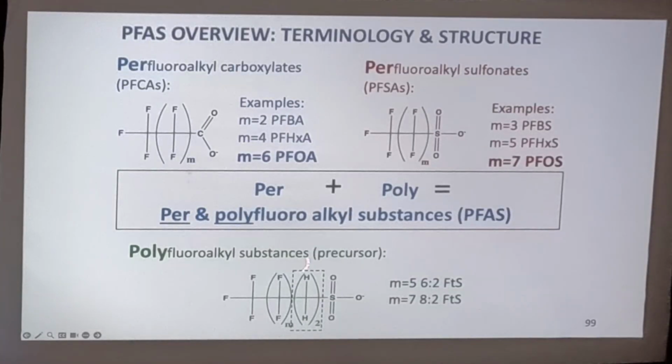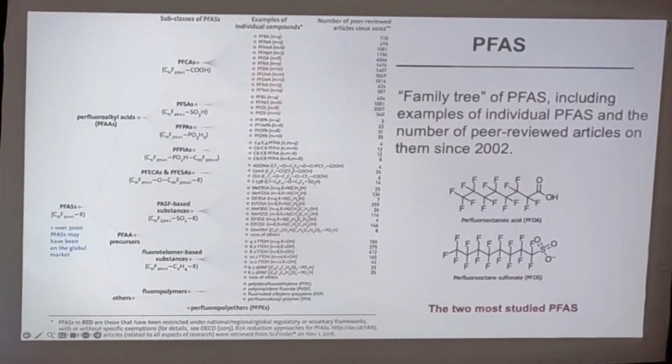Then the polyfluoro just means that some of these fluorines are substituted with carbons. Some of these compounds are well known. We know what they are. They're easy to measure. Many of these are unknown. We don't know what they are. We don't know how to measure them. I'll talk a little bit about why that's important as I go on.